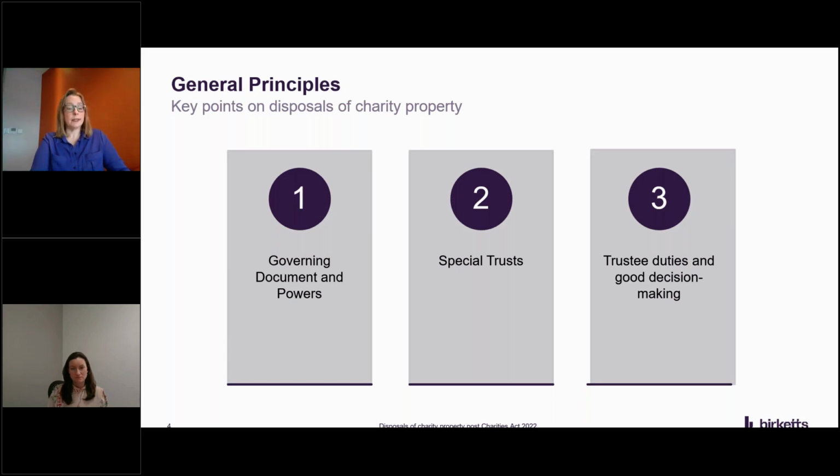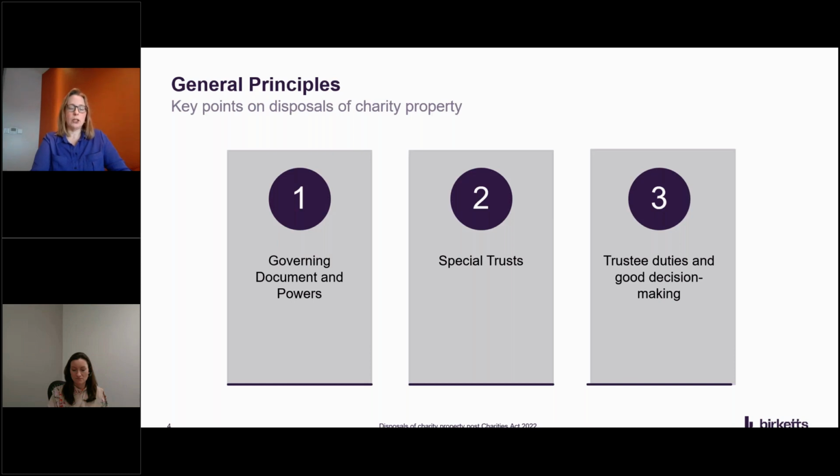When trustees are making decisions, they should look at all the relevant factors and they should ignore any factors which are irrelevant to that decision, and they should manage any conflicts of interest which exist properly. Generally, the obligation is for trustees to reach a reasonable decision.